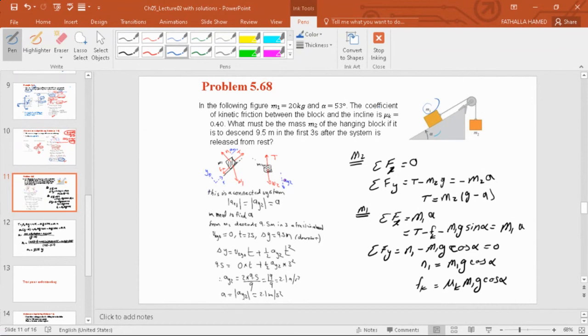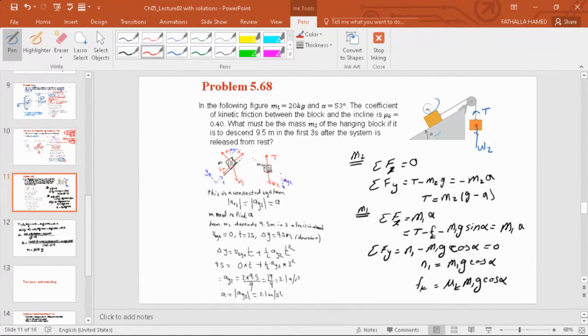So you can always start with your free body diagram, and you can always come to the center of mass. You will have the weight, let's call it W2 here. And then you have a cable which is pulling, let's call it T. That's for M2. Let's go for M1. You come to the center of the mass.